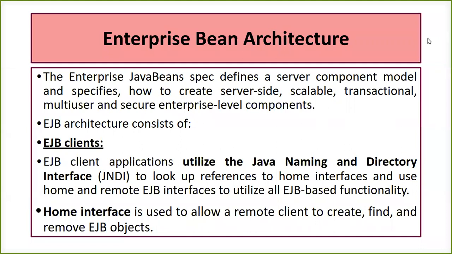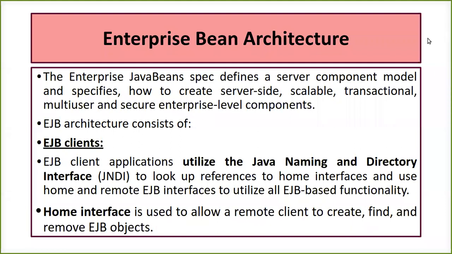So you need to create an architecture. You need to specify how it is going to be created for the server side, and how it gives all the advantages like scalability, multi-user support, and security at the enterprise level, where I'm saying that I want to have an enterprise application.